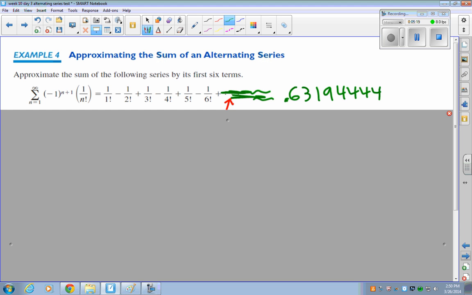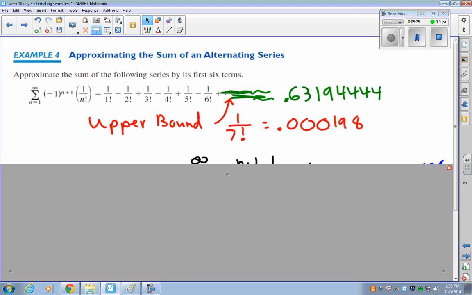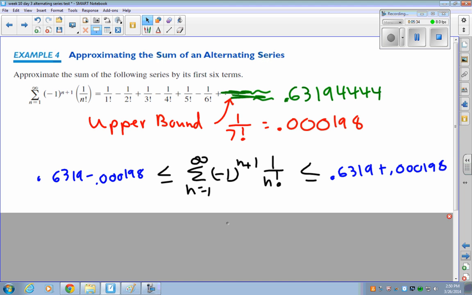Who's the next guy? So what's my biggest my error could possibly be? 1 over 7 factorial, which is that number. So whatever this real sum is, if I wanted to add up the real sum forever, I can tell you that real sum is what I got plus the next guy or what I got minus the next guy.